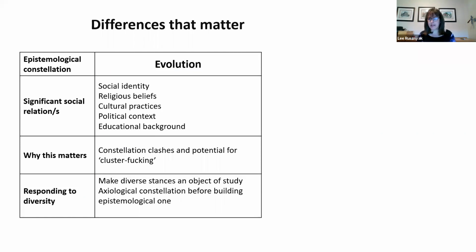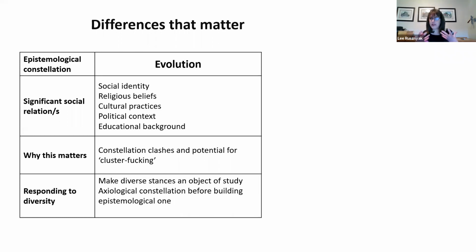Why does this matter? If one ignores it, there's the potential for the technical term clusterfucking, where students, because of what they believe in so strongly and so emotively, just dismiss anything that the course has to offer.